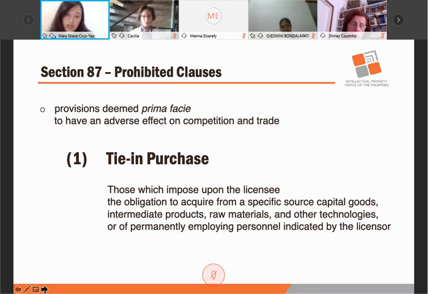My team will advise you whether to reword or change it or take it out altogether. This is usually present in franchising agreements. Later, when I give you a few statistics on TTAs, you will see that tie-in purchase is one of those provisions where requests for exemption are usually sought.